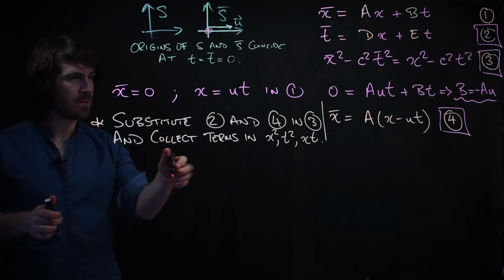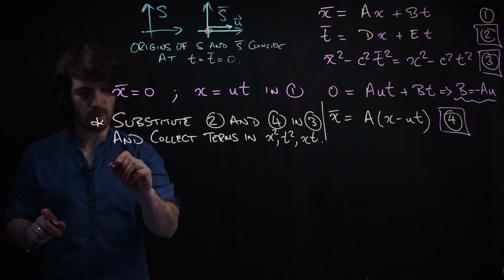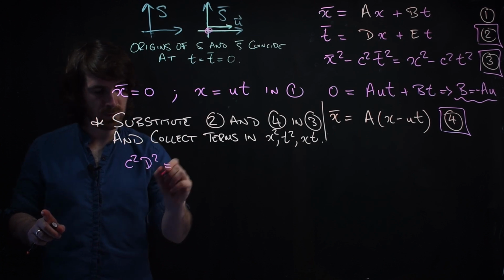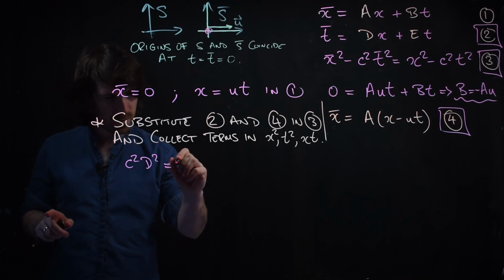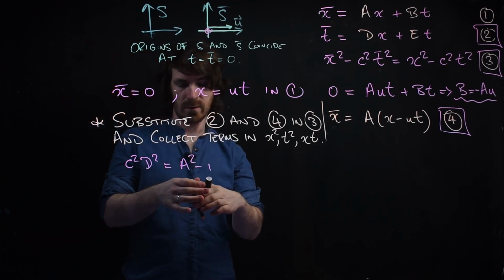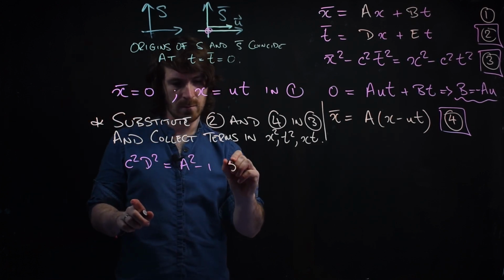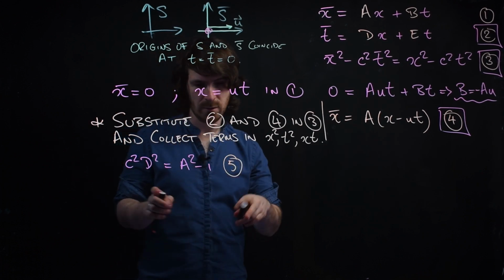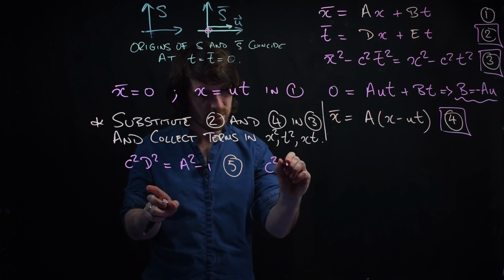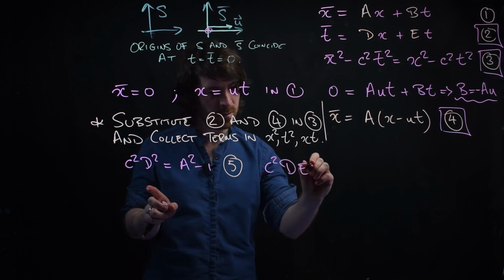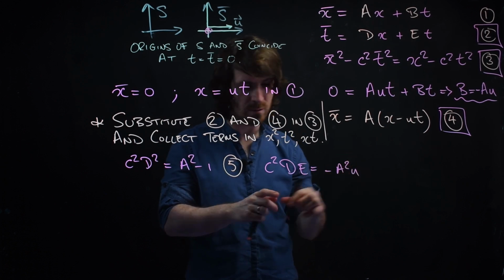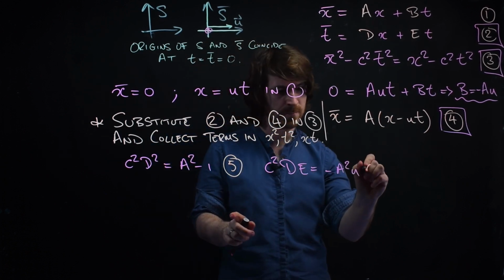Okay, so if you do this, then you'll get 3 equations. You'll get one that says that c squared d squared equals a squared minus 1. And let's call this equation 5. You'll get an equation that says that c squared d times e equals minus a squared u, and let's call this equation 6.